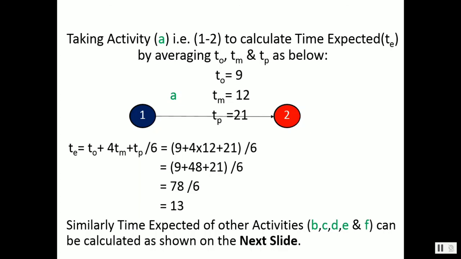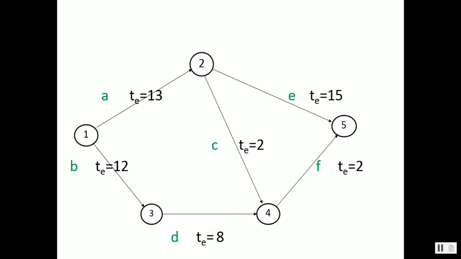Similarly, time expected of other activities, that is B, C, D, E, and F, can be calculated as shown on the next slide. So this is now a clear picture. We have the diagram 1, 2, 3, 4, 5, A, B, C, D, E, F, and for each activity we calculated time expected: for A, TE 13; for B, TE 12; for C, TE 2; for D, TE 8; for E, TE 15; and for F, TE 2.